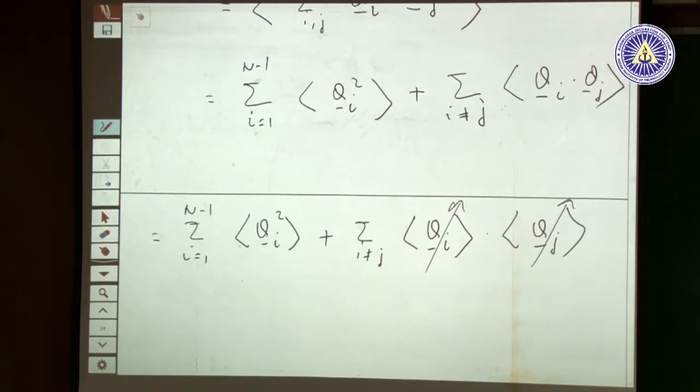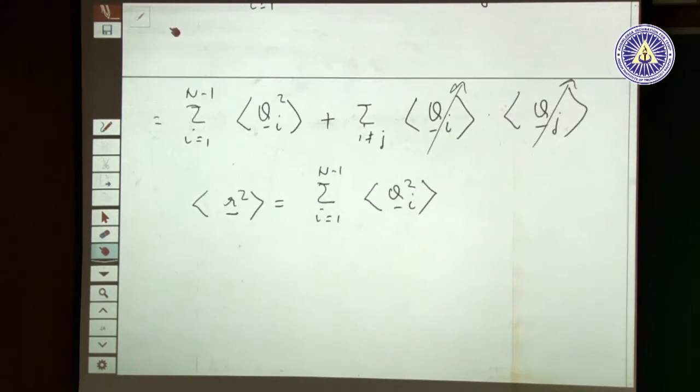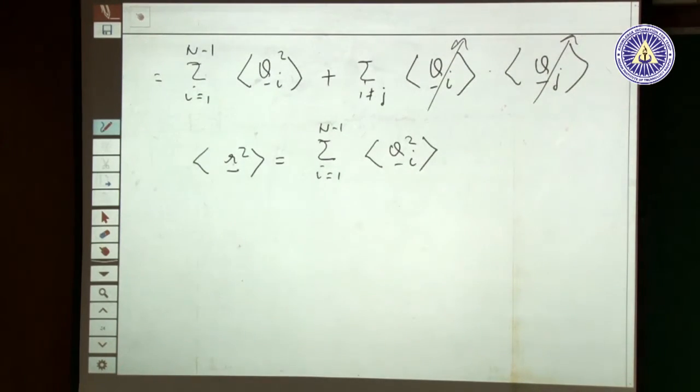Okay. So, we are left with r squared as the sum over i from 1 to n minus 1 of q_i squared. So, the question is how do we find the average of q_i squared.